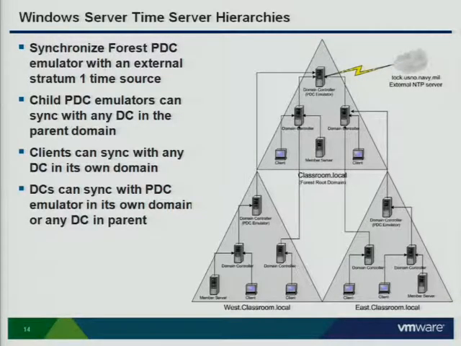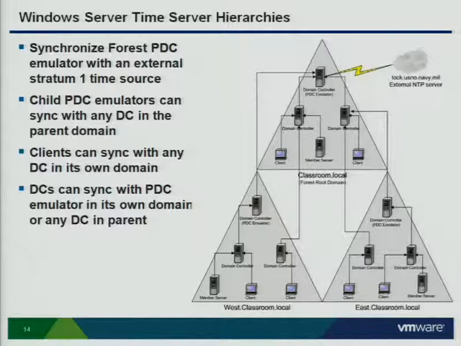One of the things to consider is making sure that particular entity has some external stratum time source. That can be a stratum 1 time source, getting it from the outside world. You may already have time servers in your environment that you want to point to. But the idea is to configure that PDC emulator to grab time from an external source of some kind. I think that's the key.